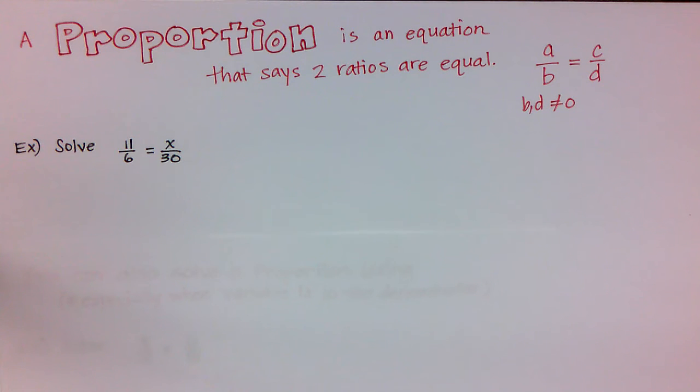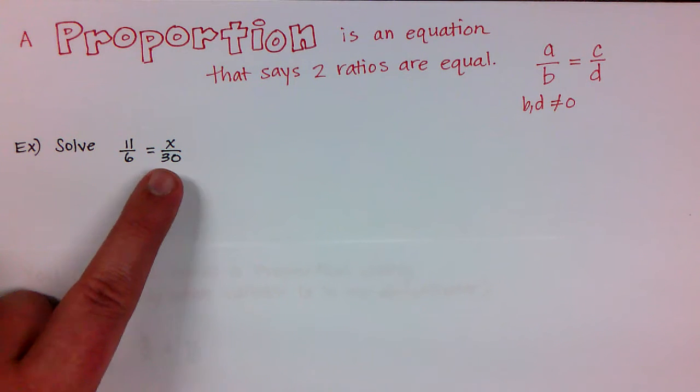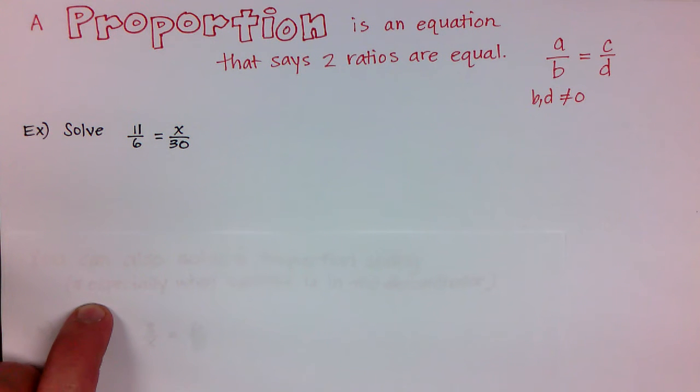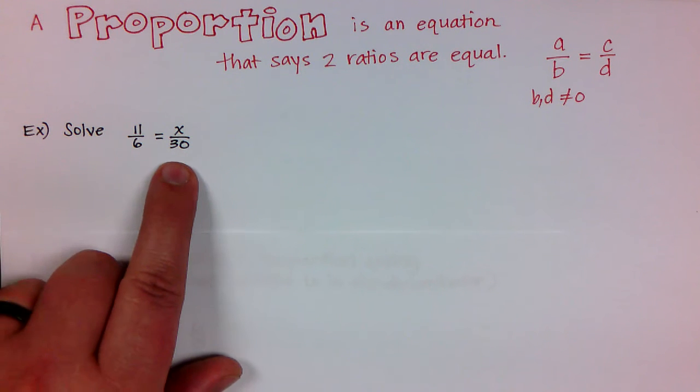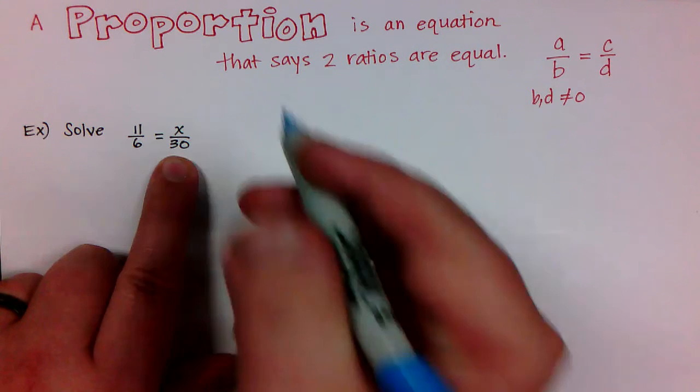Okay? So let me show you an example of the proportions you're going to be dealing with today. It's going to give you a proportion and ask you to solve it. This one says 11/6 is equal to x over 30. So the way that we're going to solve this proportion is similar to other equations that you've solved before. You want to get x by itself. So in this case, there's no lonely numbers, but I do have x divided by 30.